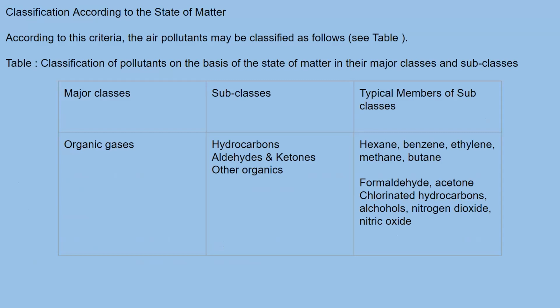Okay, you can see the table. In the table, there is classification of pollutants on the basis of the state of matter in their major classes and subclasses. Okay, in major classes, the first one is organic gases. Okay, and organic gases include hydrocarbons. Okay, then aldehydes, ketones, and other organics.